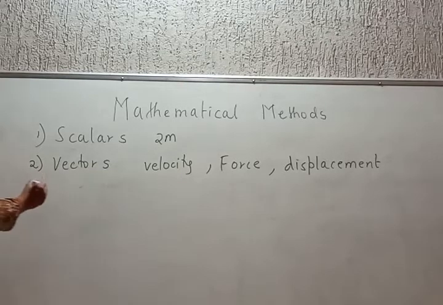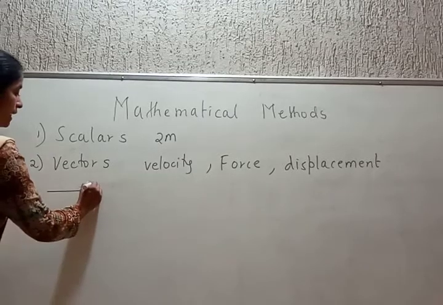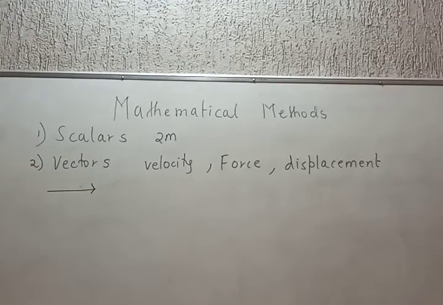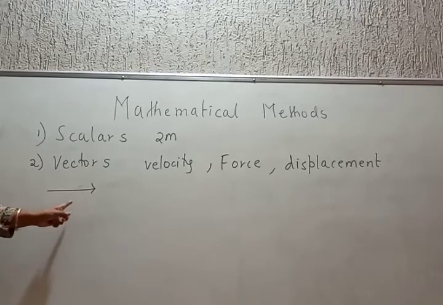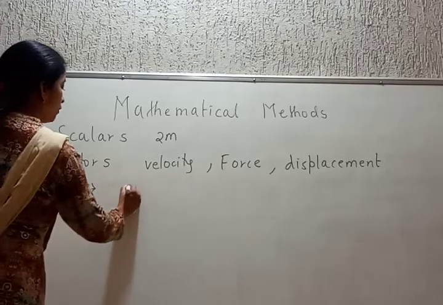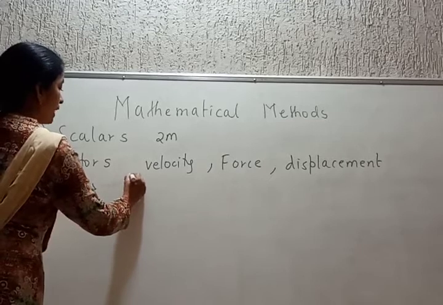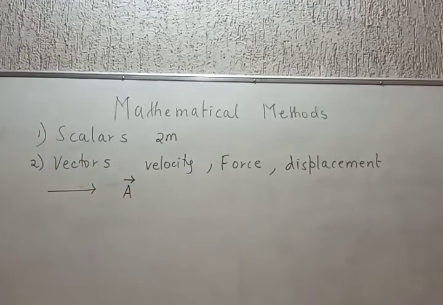Vector quantities are always shown by a directed line segment. Vector quantities are always shown how? By a directed line segment. A vector quantity is always represented with an arrow overhead.